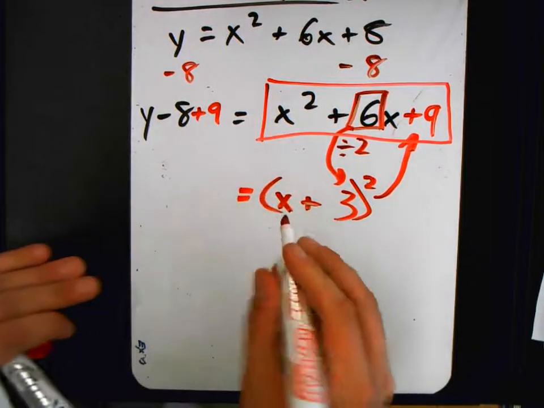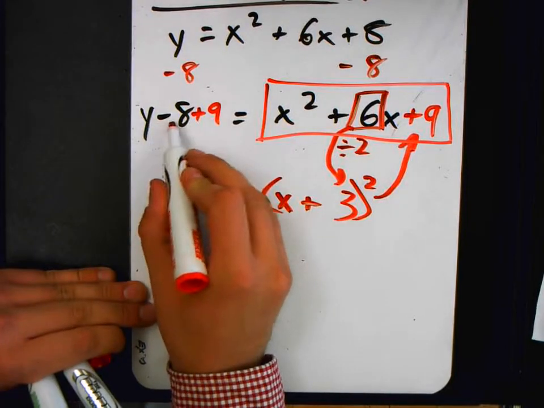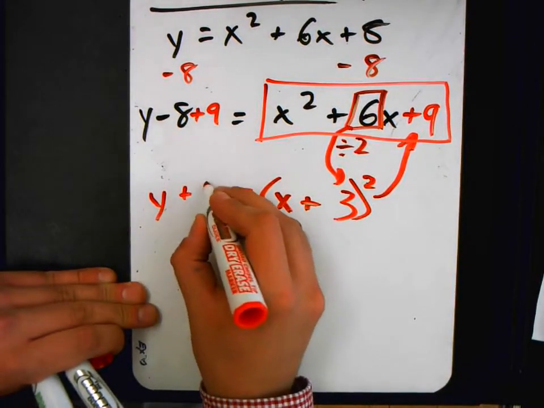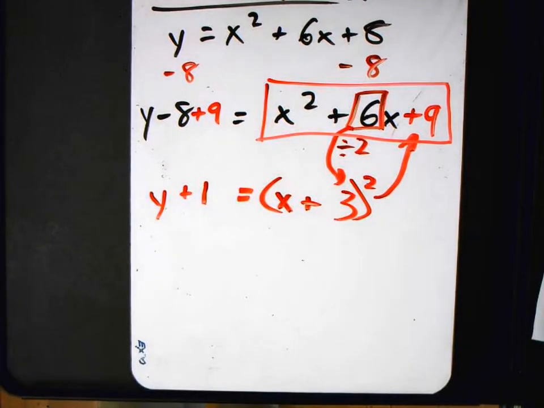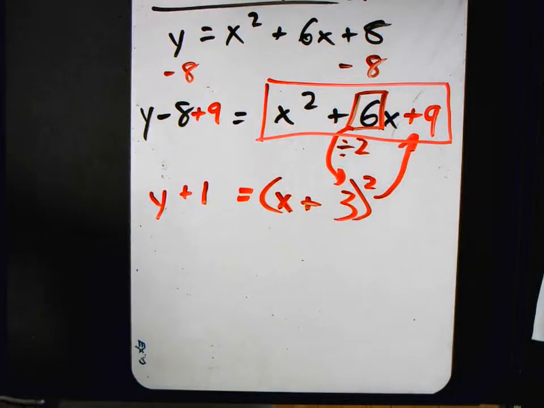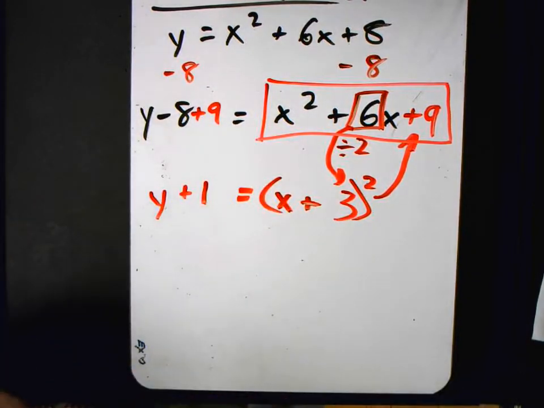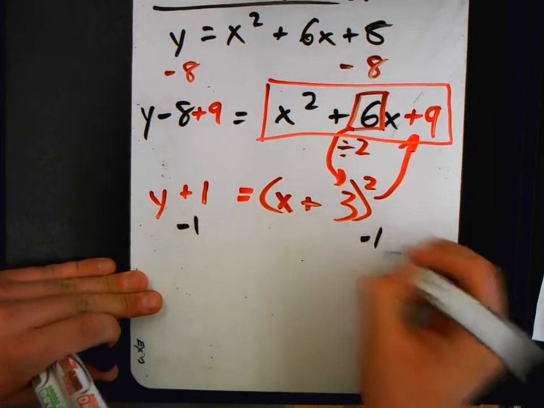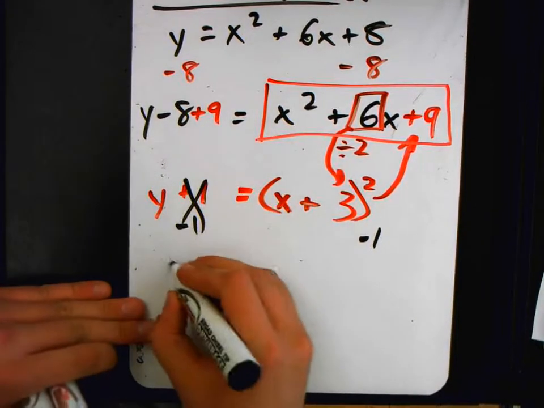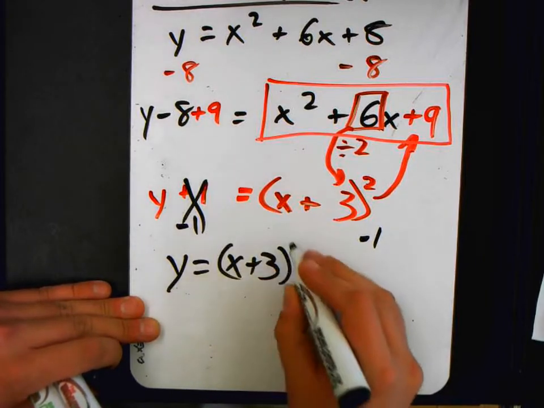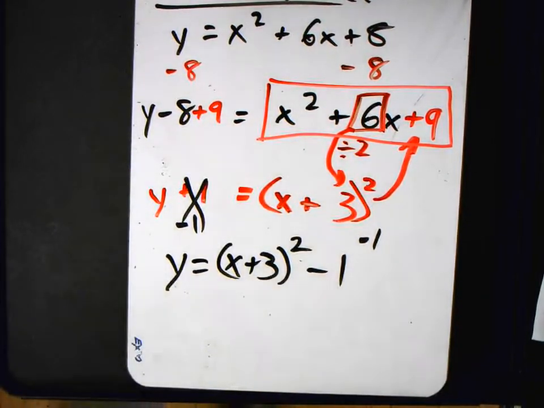Now over here on the left, we have y minus 8 plus 9, which reduces to y plus 1. To get y equals by itself, just like we do up in the front on the top, you subtract 1 on both sides, and you are left with y equals x plus 3 squared minus 1.